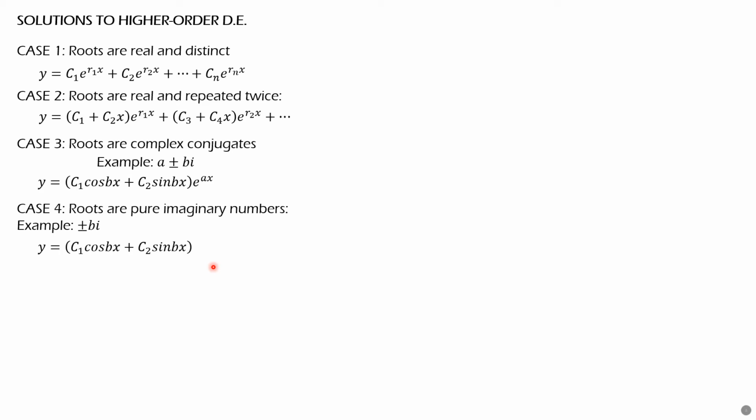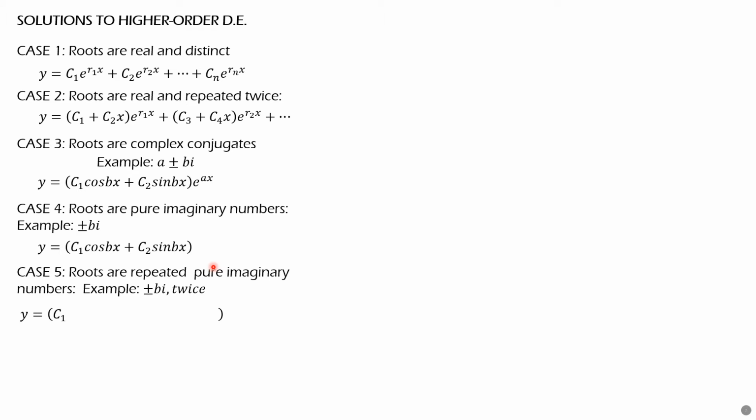And lastly, when the roots are repeated and the roots are pure imaginary numbers, example plus minus bi, and they are repeated twice, then the solution would be in the form quantity c sub 1 plus c sub 2 x close cosine bx plus quantity c sub 3 plus c sub 4 x close times sine bx.